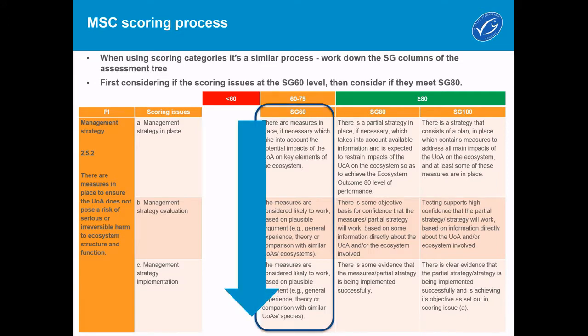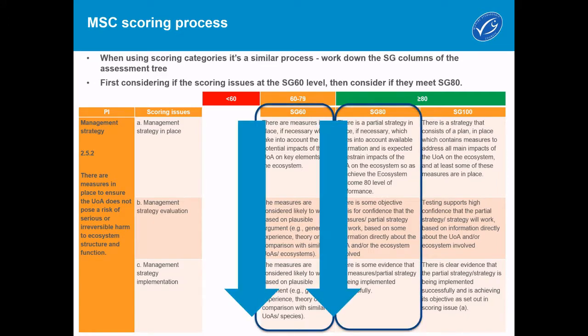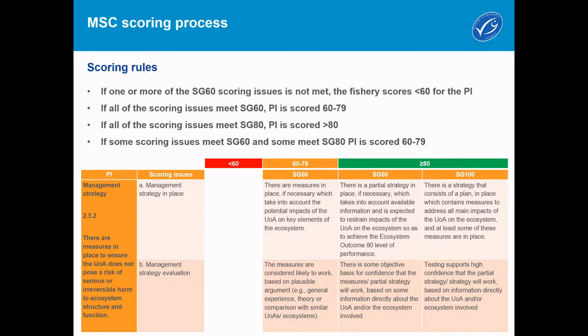So this is just reiterating, working down, and there are some scoring rules to help you come up with your overall performance indicator score, because at the moment you're just looking at how the scoring issues have been scored. If one or more of your scoring issues does not meet the SG60, then your fishery will score less than 60 for that performance indicator.